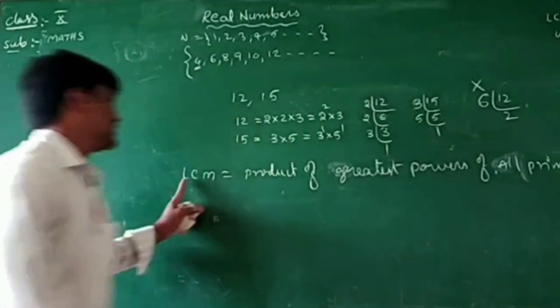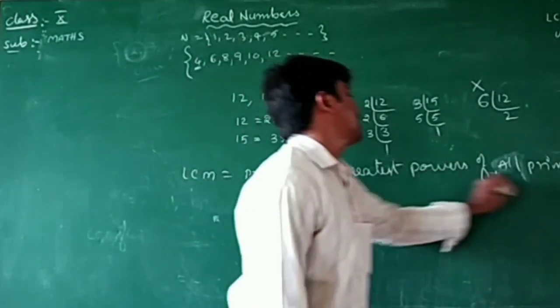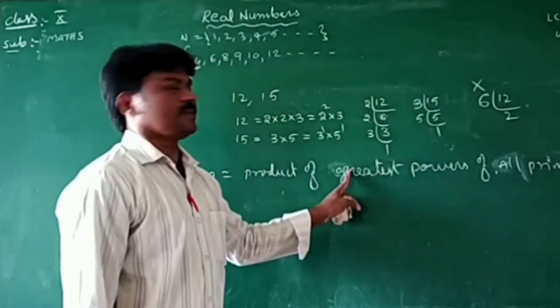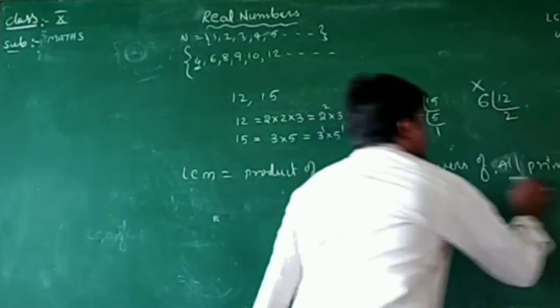So again, LCM is a product of the greatest powers of all the primes. You should use only the greatest powers of all primes, right?